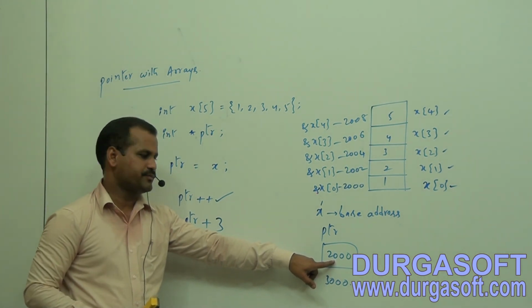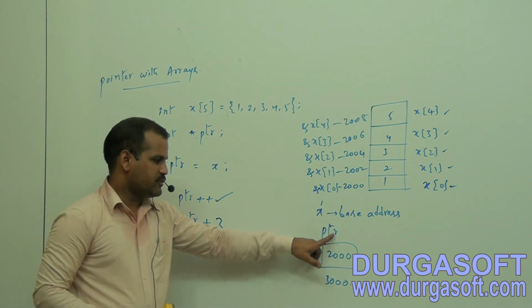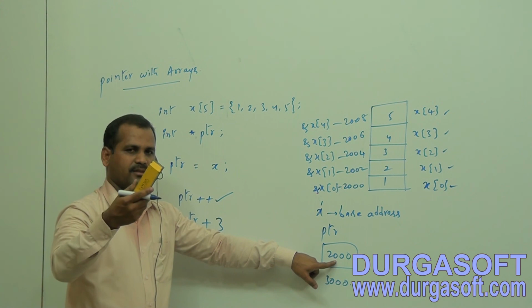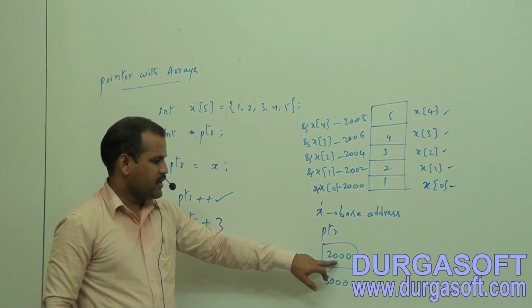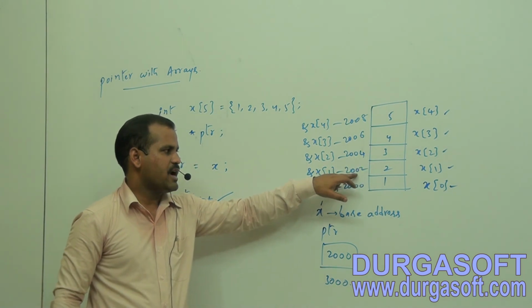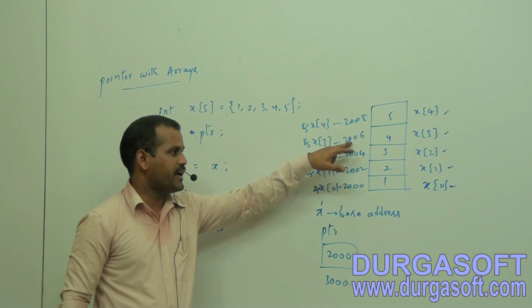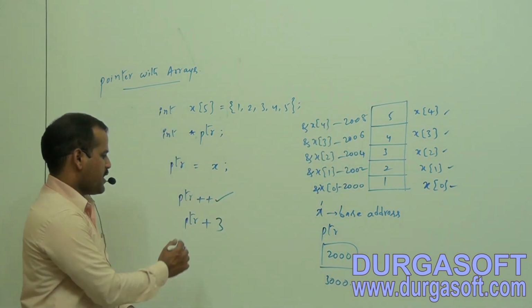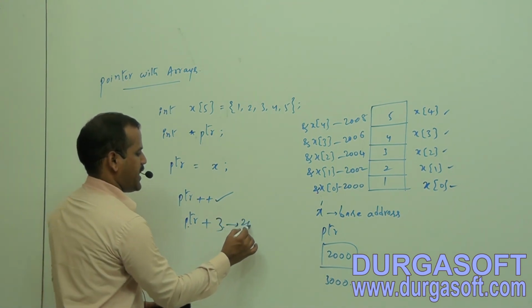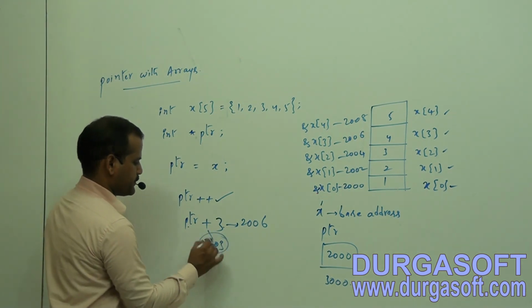Pointer is added with 3, then after adding 3, it indicates the third integer element. That means it is first 2000. After adding 1, it indicates 2002. After adding 2, it indicates 2004. After adding 3, it indicates 2006. That means if PTR plus 3, when PTR is indicating 2000, it should indicate 2006, not 2003.